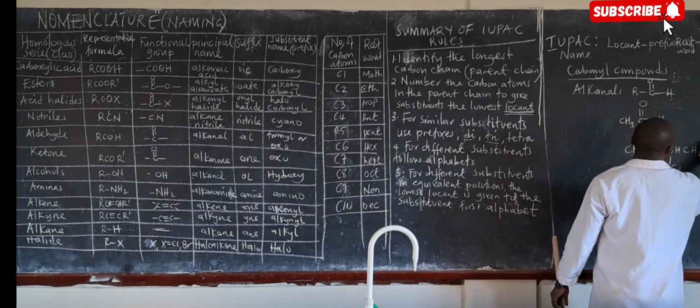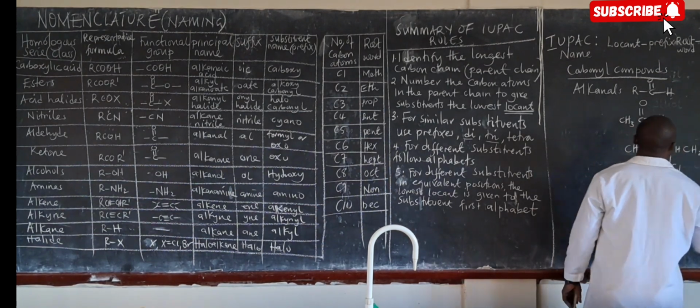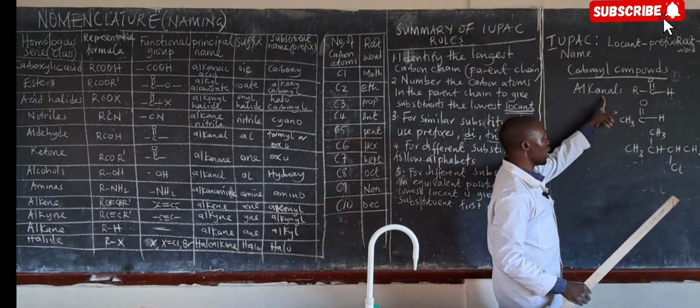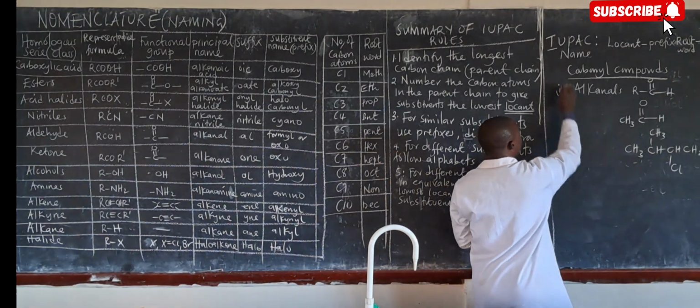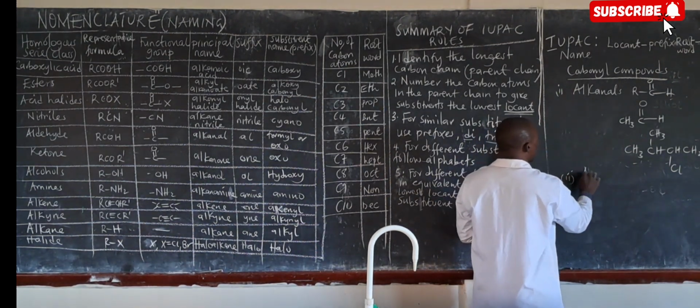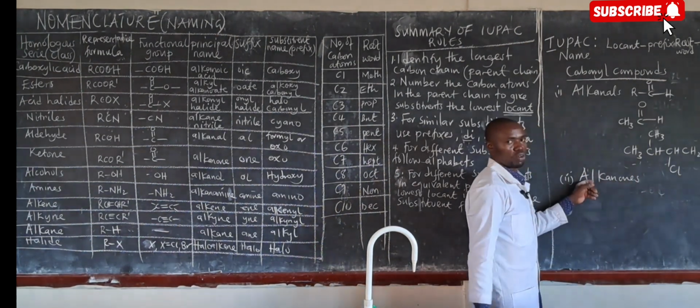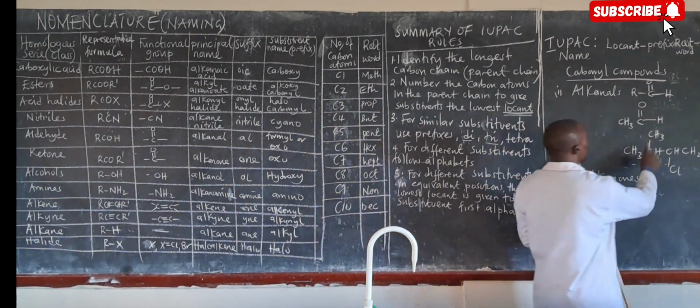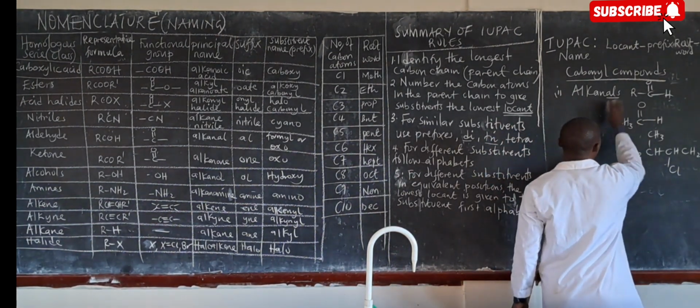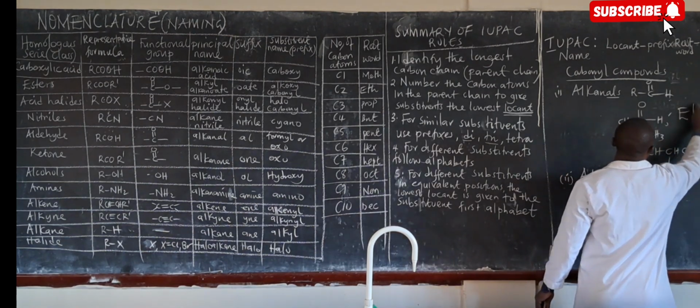Then finally have this structure there. So these ones are called alkanals. Of course, there are 2 types. We have alkanals, then we have alkanones. So this is the principal name, alkanal. So this being 2 carbon atoms, this is ethanal.